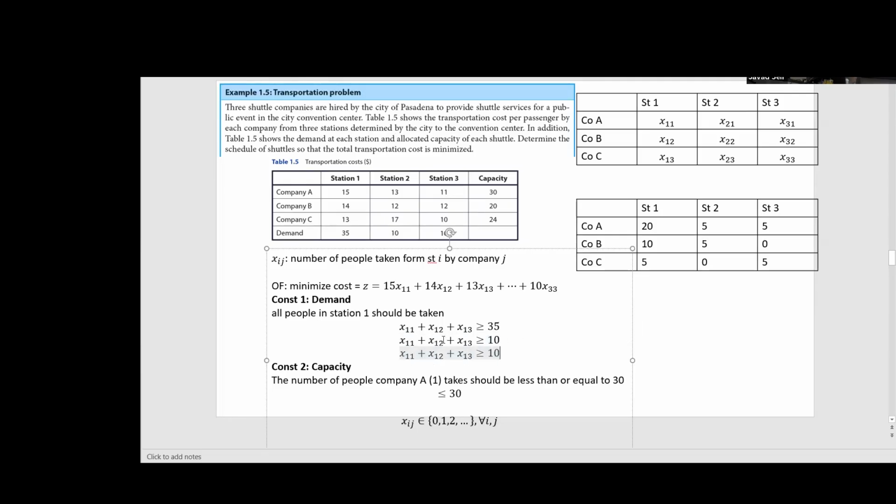For station 3, it has to be 10, except I need to change these indices. 2, 2. All right.